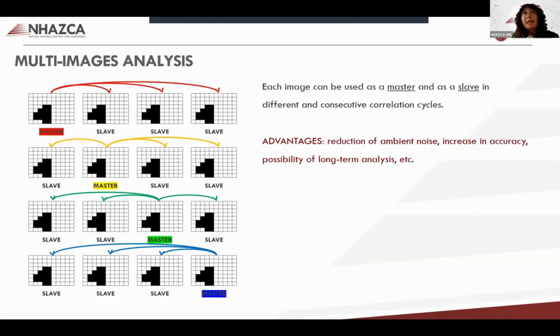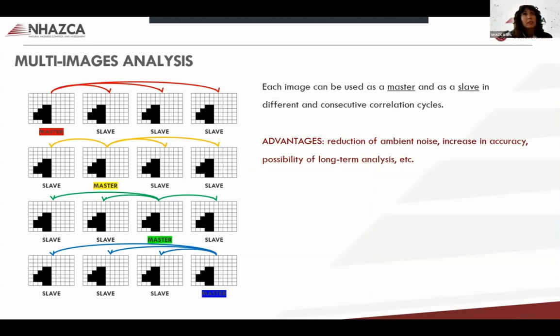Also, with displacement analysis, we can perform what we call multi-master or multi-image analysis when we have more than 2 images. The ideal situation is to have a stack of multiple images. In this case, we can use every single image of the data set as a master and as a slave in consecutive correlation cycles.